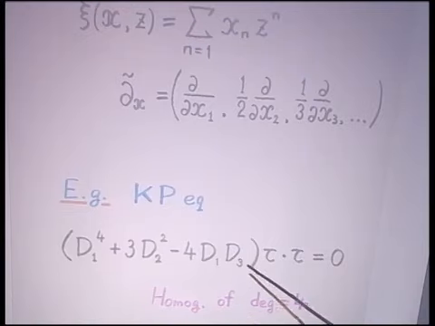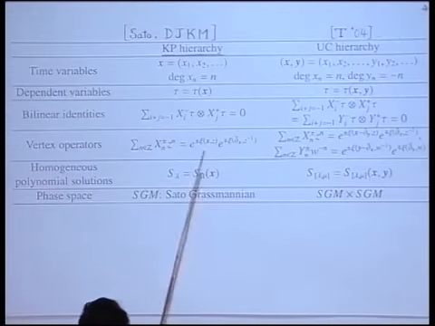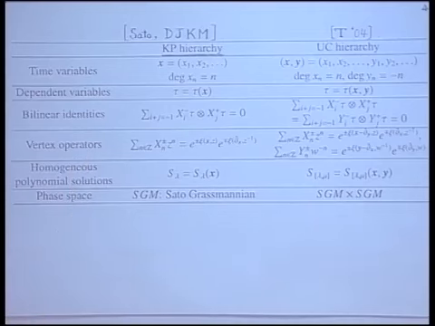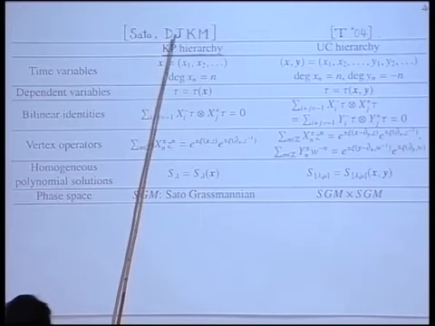Then you can see this equation is homogeneous of degree 4. Likewise, we can obtain various nonlinear differential equations from this single bilinear identity. So this is the theory of the KP hierarchy.